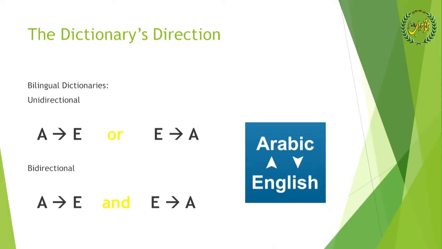For example, if we have Arabic and English, we would have the word in Arabic and its meaning in English, or the word in English and its meaning in Arabic, while a bidirectional dictionary is a bilingual dictionary that has both of the directions. So it has Arabic English and English Arabic at the same time, as you can see.